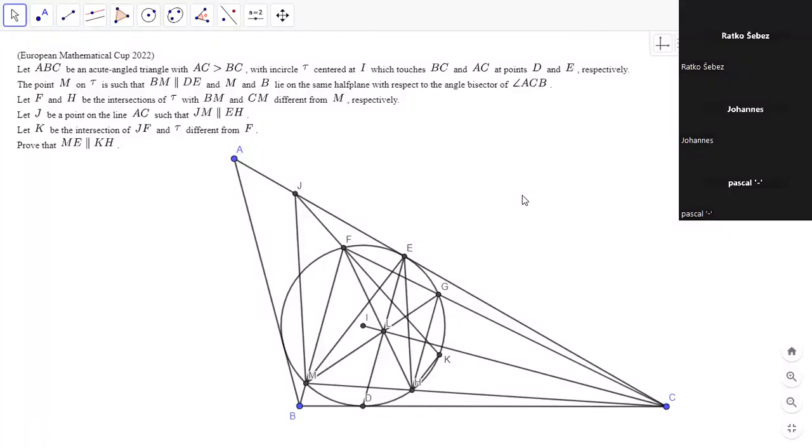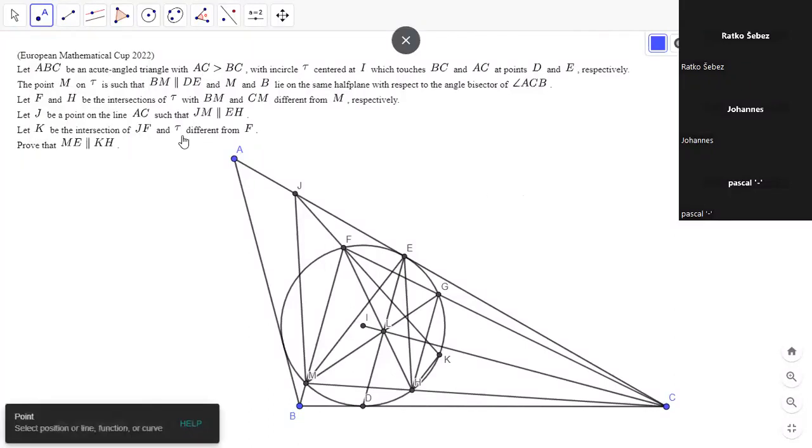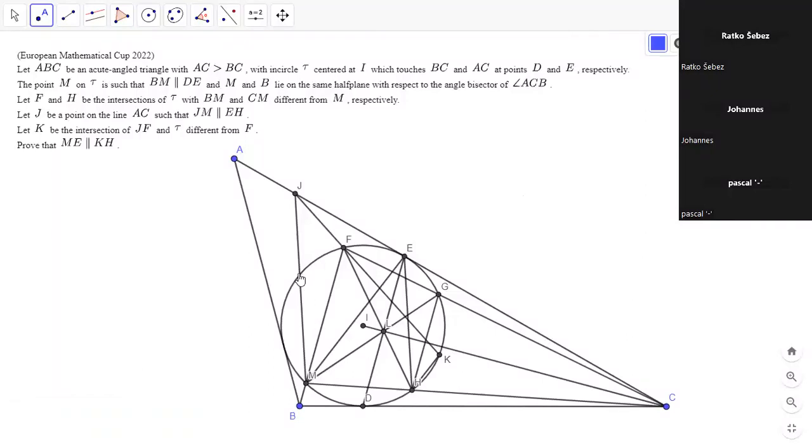We have to use point J somehow, though. So we have to use that JM is parallel to EH. So that would mean that arc NF is equal to arc DH.